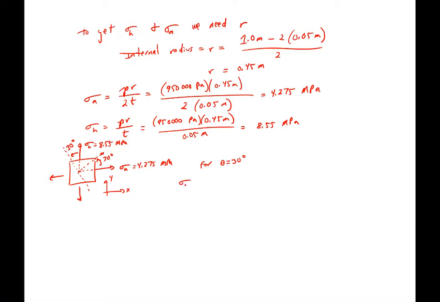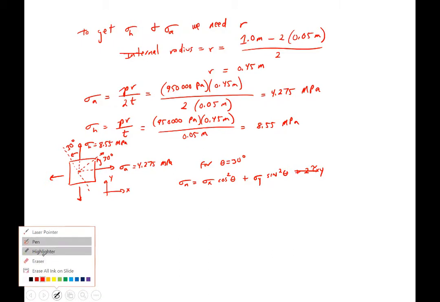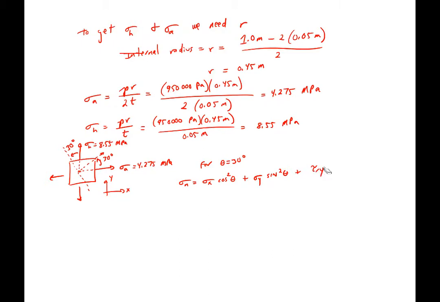So our sigma n is going to be sigma x times cosine squared theta plus sigma y times sine squared theta plus 2 times tau xy times sine theta cosine theta. Let's put our numbers in there.